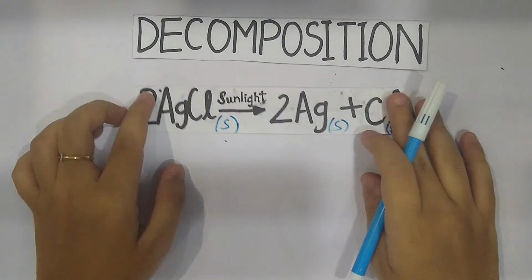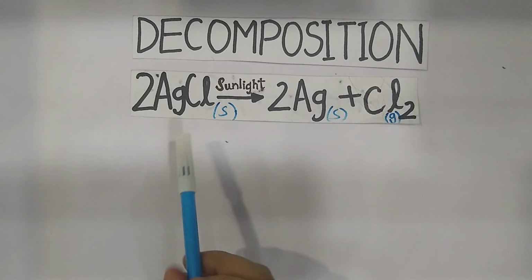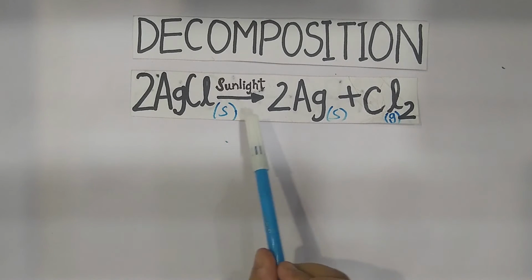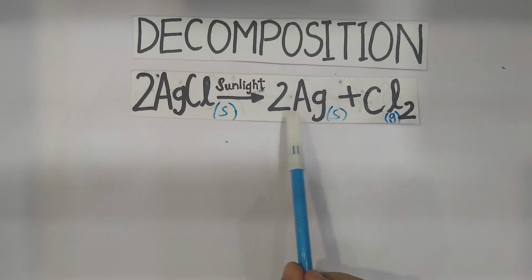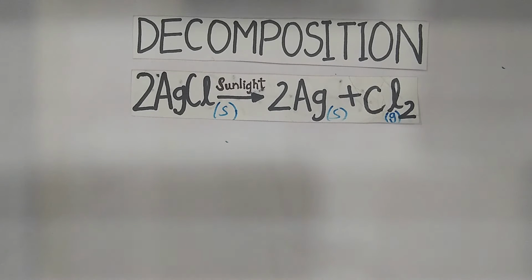Then we have a few other examples, such as 2AgCl in the presence of sunlight gives us 2Ag plus Cl2. So what is happening here? We have AgCl, which is silver chloride. Ag is silver, Cl is chlorine. So together they form silver chloride.